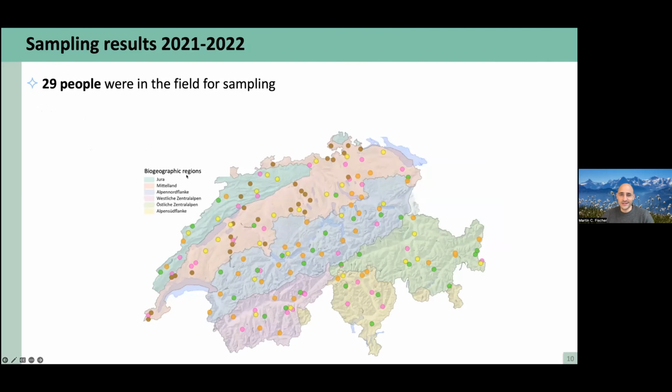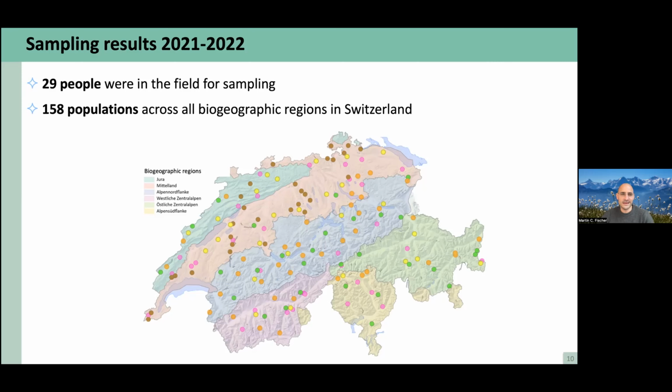And that's the result. And to be honest, I'm quite proud that we reached this more or less within a year. So the main sampling season was in the year 2021. And we had 29 people in the field who tried to sample these 5 species. And they were able to sample 158 populations across all 6 biogeographic regions. And they sampled more than 1,200 individuals, which I think is an amazing result.